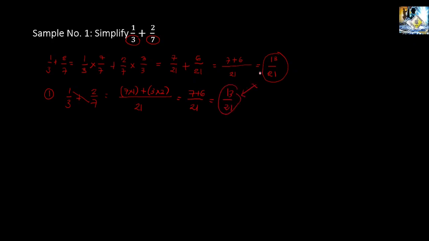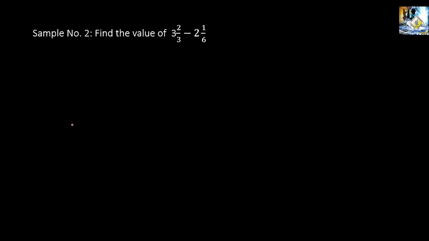Same process. Here, we use the property of cancelling, and in the alternative solution, we use the property of fractions. I hope it's clear. So I think we can move on to our next example.